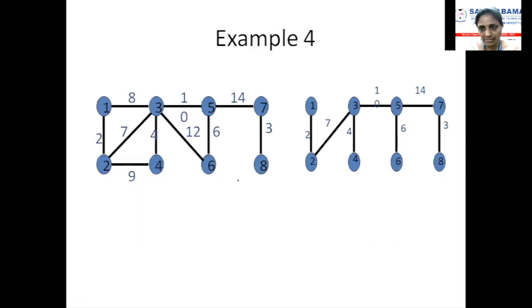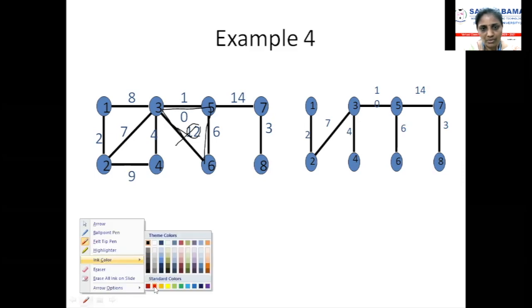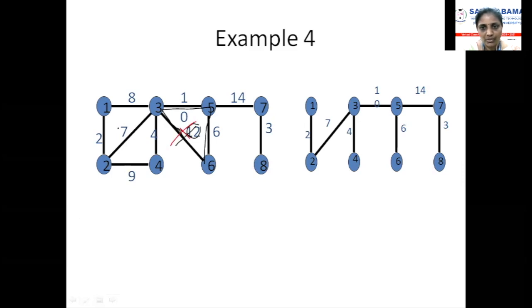One more example. This is another example. See here, you have taken all minimum cost values and you've added them together. We have not considered this 12 because it will form a loop here. See, this is a closed loop. So I don't want closed loops to happen. So what should I do? I'm removing this one.